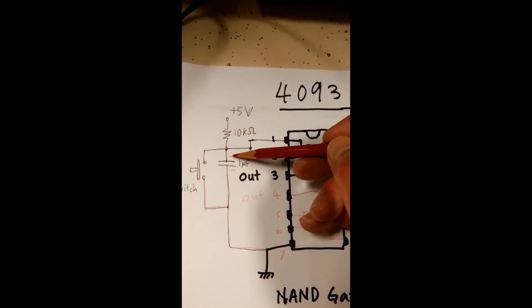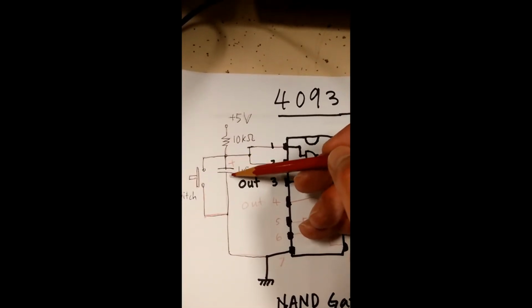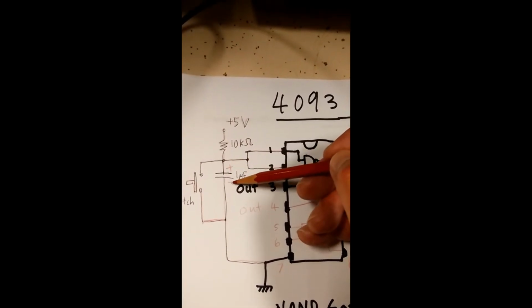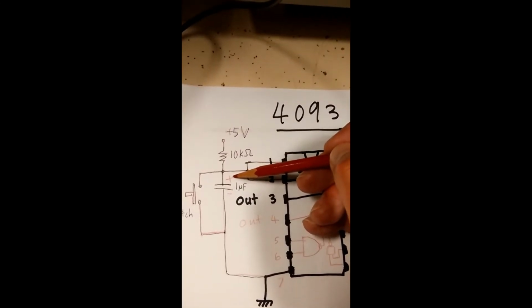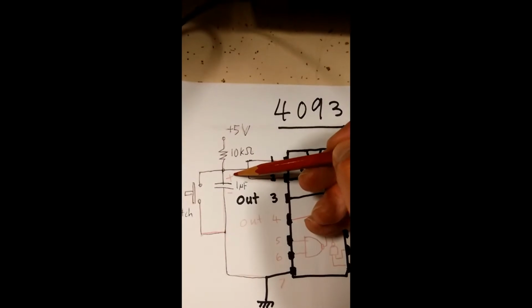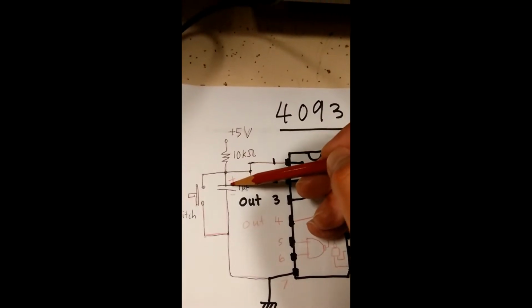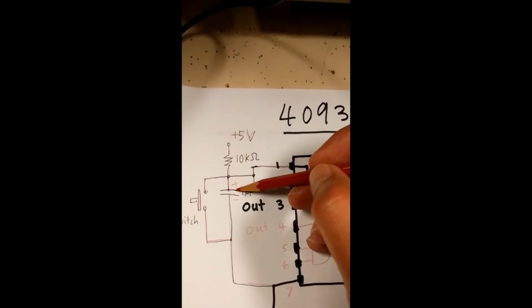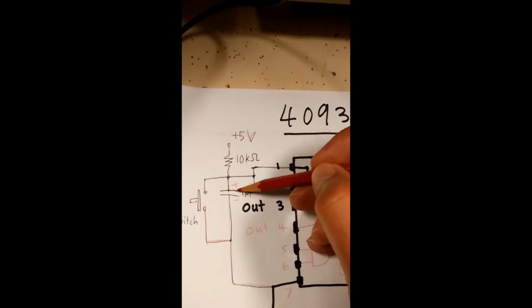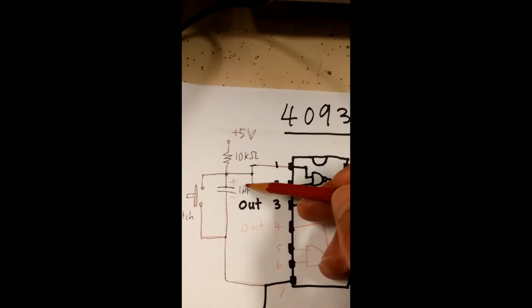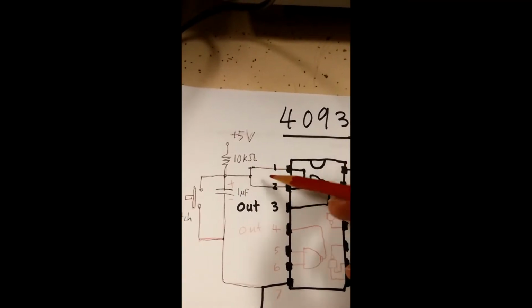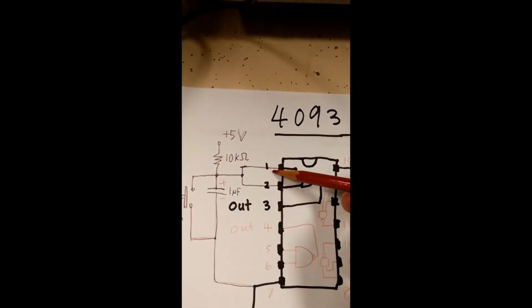When this charge builds up, it has to stop at the moment where VC, the voltage drop across the capacitor, is equivalent to 5 volts. And that's why you have this 5 volt input to A.